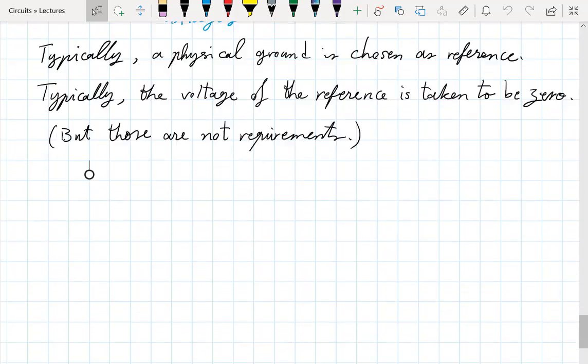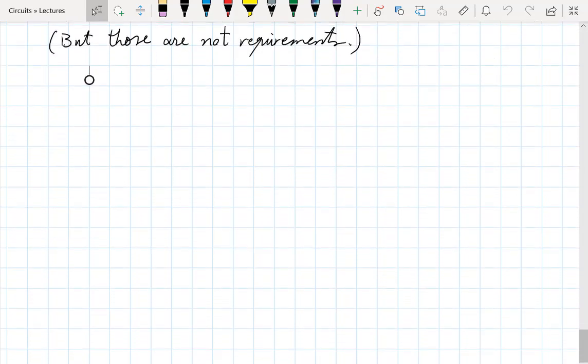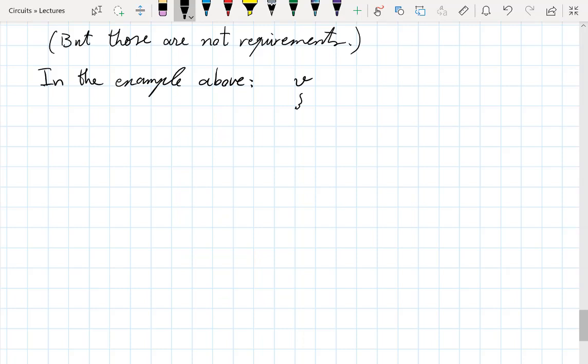So in the example above, the element voltage v is equal to V1 minus V2, with node voltages V1 and V2. Notice the direction.